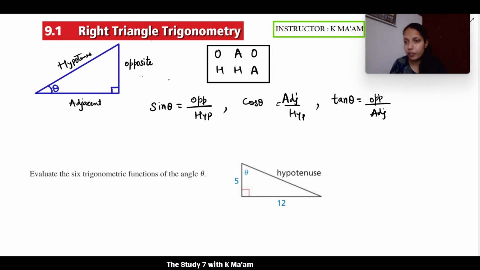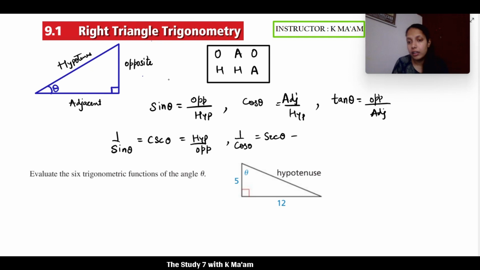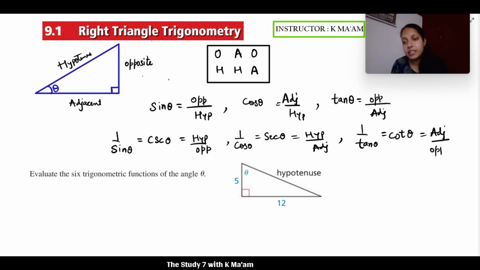These are direct trigonometry ratios. Some are reciprocal. You have to take the reciprocal of the value. So opposite over hypotenuse becomes hypotenuse over opposite, and that is 1 over sine, we denote it as cosecant theta. 1 over cos theta is secant theta, hypotenuse over adjacent. 1 over tangent theta is cotangent theta, adjacent over opposite side.